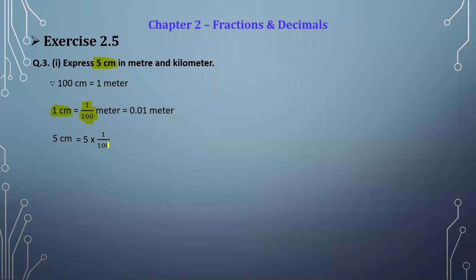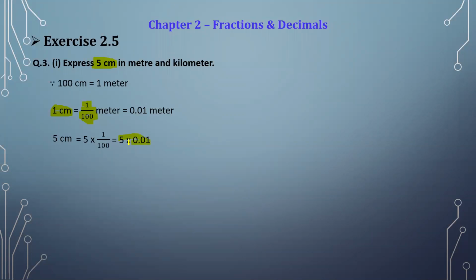Or we can replace that 1 upon 100 by 0.01. Now perform the multiplication: 5 into 0.01.